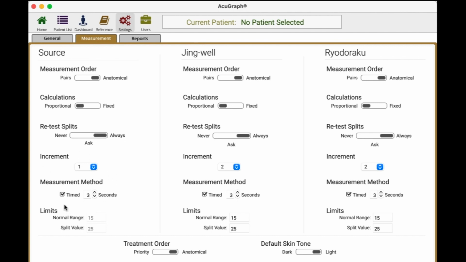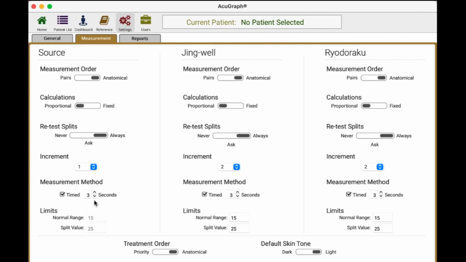And then timed measurement method, you can turn off the timer and then the measurement will just run until you pull the probe away from the skin. Once you take the probe off the point, it'll stop measuring and capture. Timed, you can set a timer and it will automatically capture at that preset time. When you're first learning to graph and you need a little more time to locate the point and work on your technique, I recommend that number be a lot higher.